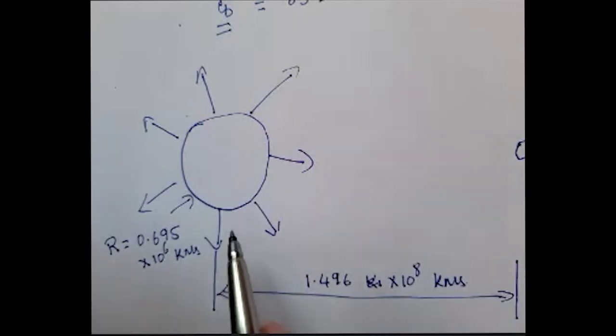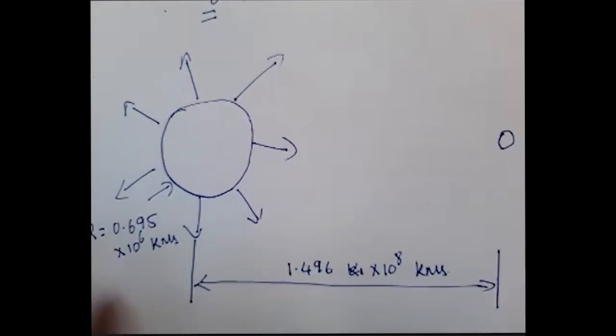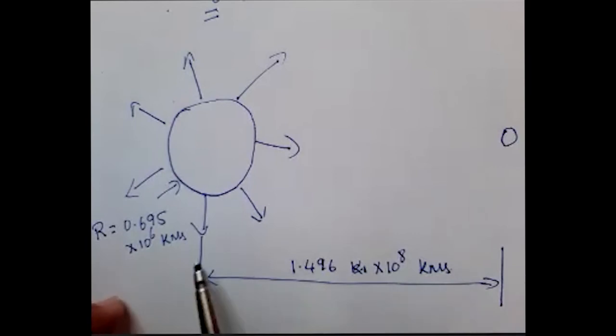When we compare the radius of the sun to the radius of the earth, it is negligible. So we are going to consider only the distance from the sun's surface to the earth's surface.